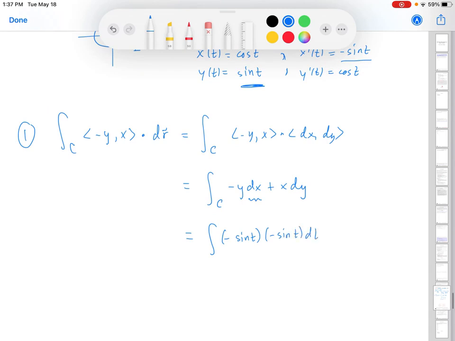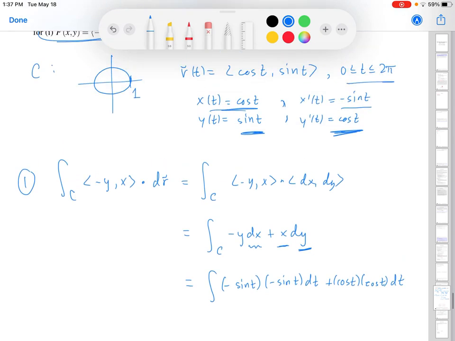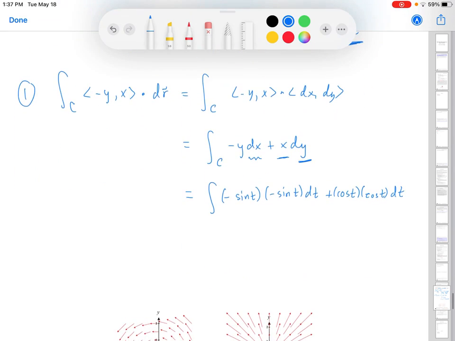And then x over here is cosine t. And then dy is y prime of t times dt, cosine t dt. Everything is now in terms of t. t ranges from 0 to 2 pi, so those are my limits, 0 to 2 pi.